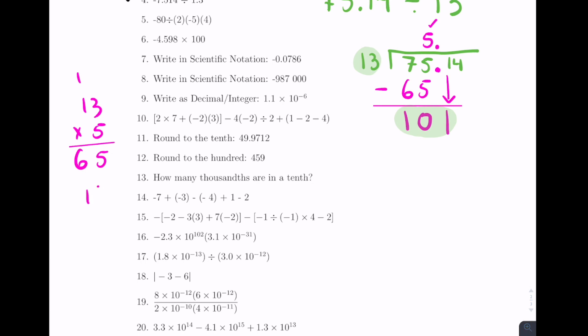Okay, so let's see, 13 times 7, so 7 times 3, 21. That's 91 that I would have. Did that work out? So 91.